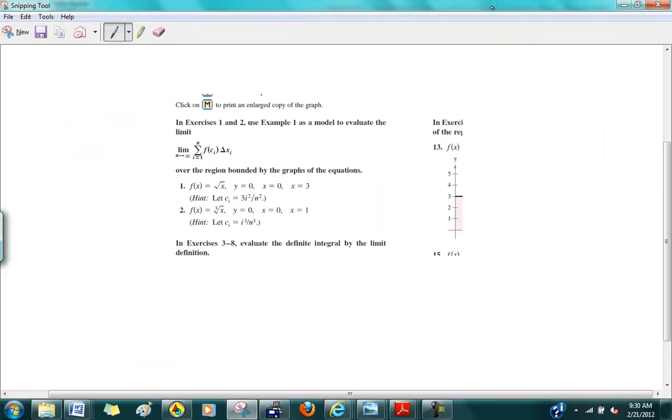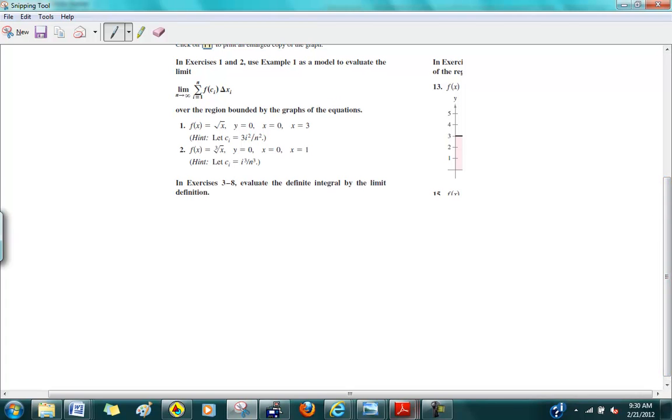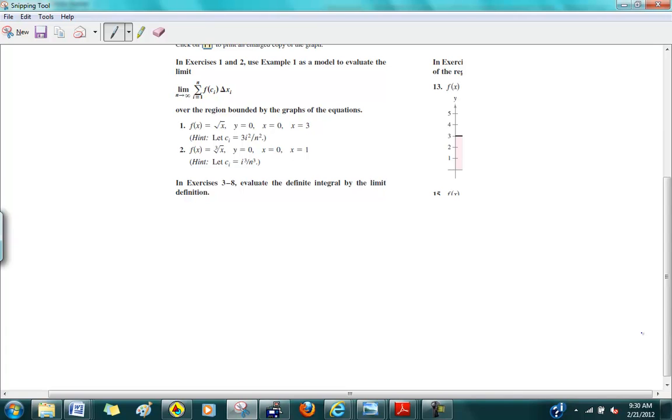Yeah, so I'm going to kind of set it up for you. We're doing number 1 from your homework, and it gives you a hint as to what to do. What they're asking you to do is use example 1 as a model.